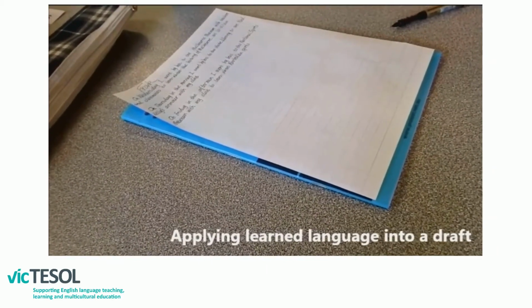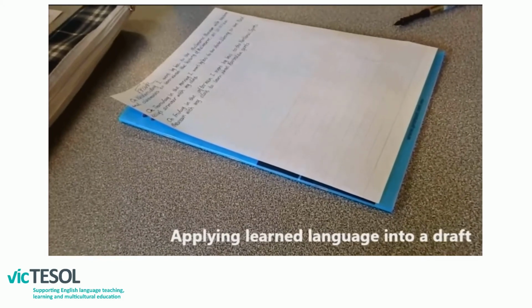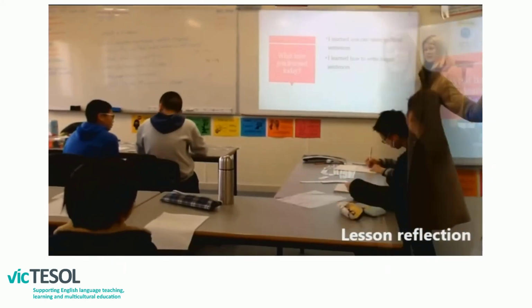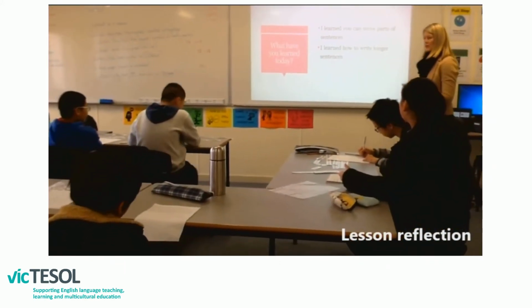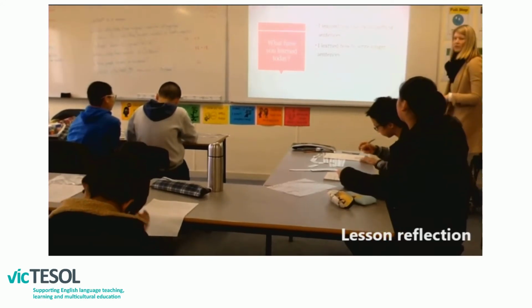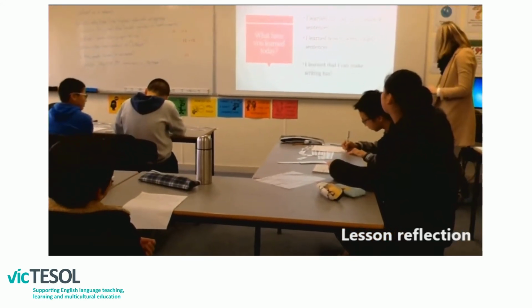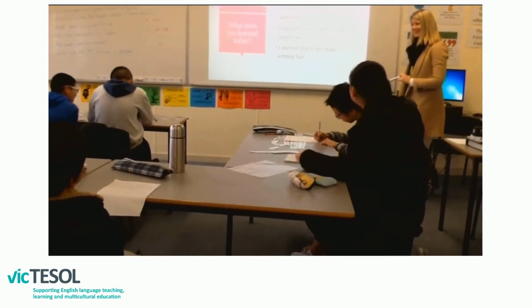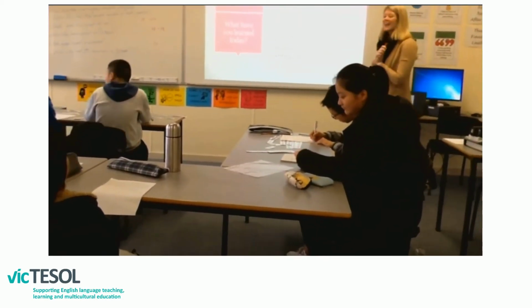On Thursday in the morning, I went by bus to the State Library to see Ned Kelly's armour with my class. How long is your sentence? Very long. I think many said you have learned how to write longer sentences. Without conjunction, without and. And you can make writing fun.